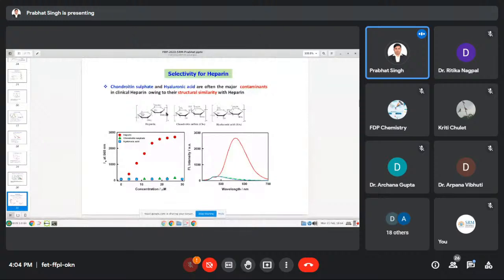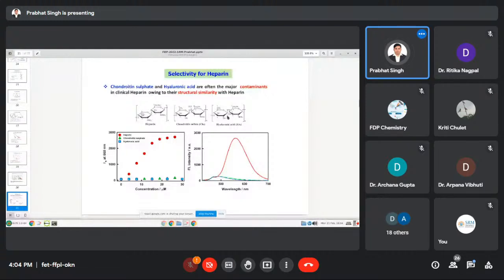So this is a dimer repeat unit, and then you have 4 negative charges, 3 in the form of sulfonate groups and 1 in the form of a carboxylate group. When you move to chondroitin sulfate, you see 1 sulfonate group and 1 carboxylic group. So the charge density per dimer repeat unit is reduced to -2. So this is -4, this is -2, and hyaluronic acid has all neutral groups except this carboxylate group. So if you look at the charge density: -4, -2, -1.